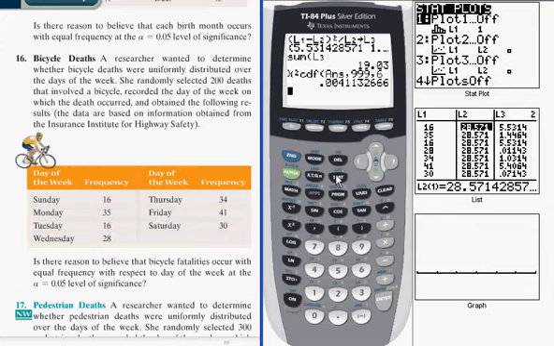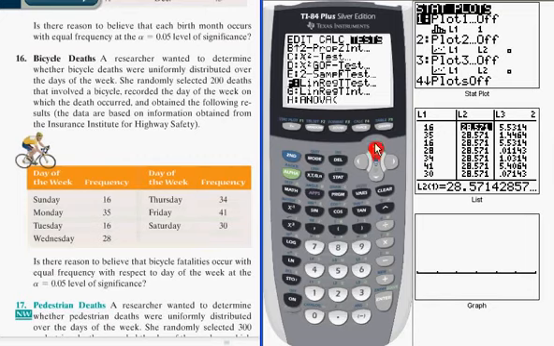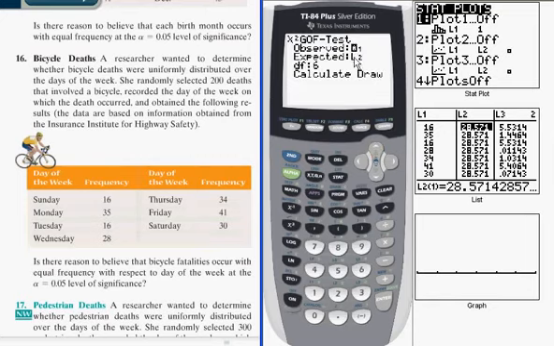If you're using an 84, let me show you quickly how you would do this test. If I choose chi-squared GOF, what you're going to see is it's going to prompt you for the observed values in a list, which is how we have it at list L1, and the expected values also in a list, L2, degrees of freedom, which we have decided was 6, and then we calculate, and it returns the same values we just got doing it by hand, your test statistic and your p-value.